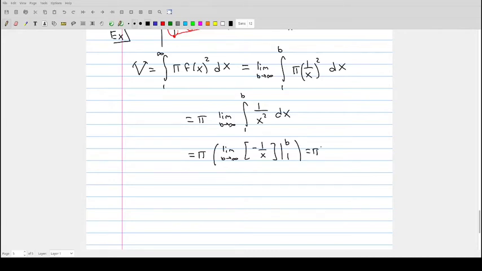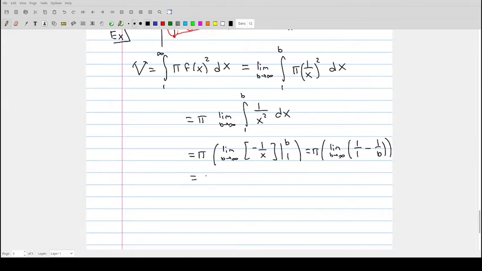So it's pi times the limit as b goes to infinity of, when you plug in here, you get 1 over 1, positive 1 over 1, minus 1 over b.